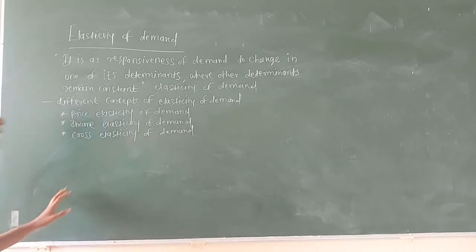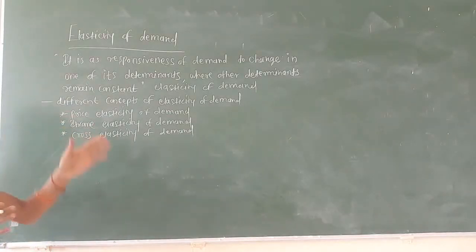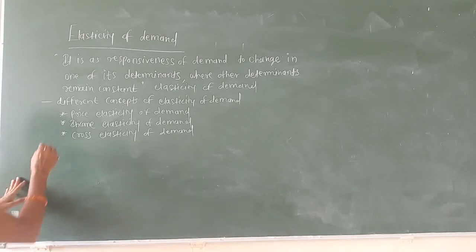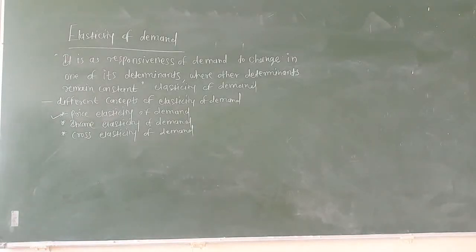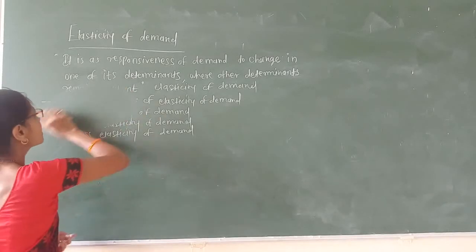These three are the different concepts of the elasticity of demand. So students, in this section, we are going to take the information about the price elasticity of demand. Then what is the price elasticity of demand?